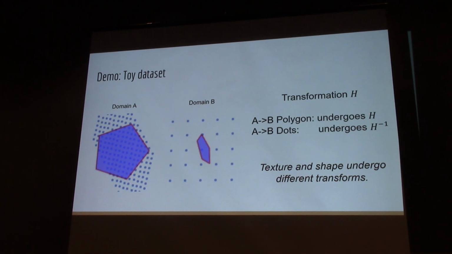Given a transformation H, the polygon undergoes H, but the dot pattern actually undergoes the inverse of H. If we had the same transform for both of them, it would be very easy for the network to learn. What we want to split apart is separate representations and abilities to handle shapes and textures in the network. And that's a strong statement, but let's see.